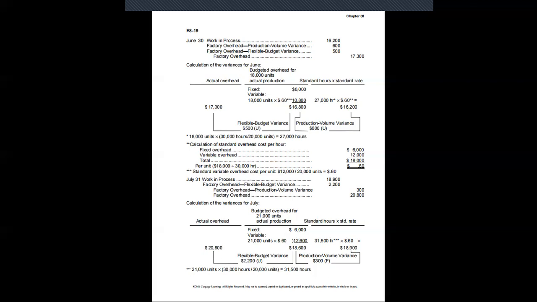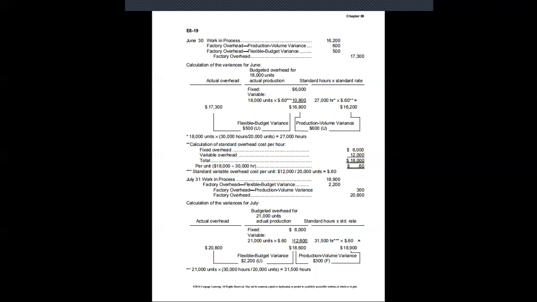For the budgeted overhead for 18,000 units, being the actual production, you have the fixed overhead equal to 6,000, and for variable it is equal to 18,000 units times 0.60. So you get 10,800.